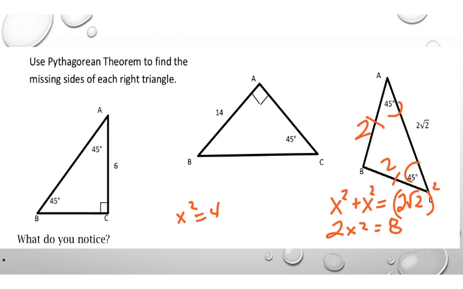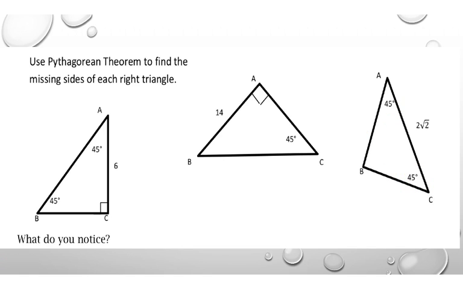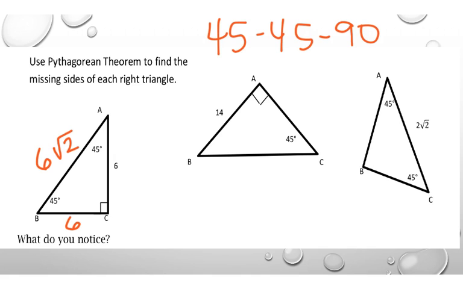Okay, so if we look at what we notice on these triangles, these are called 45, 45, 90 degree triangles. This is the other kind of special right triangle, and there are some characteristics. So I'm going to put in all the things that we just found out. This one is a little bit easier to see the pattern. We already know that the two legs are the same because it's an isosceles triangle.